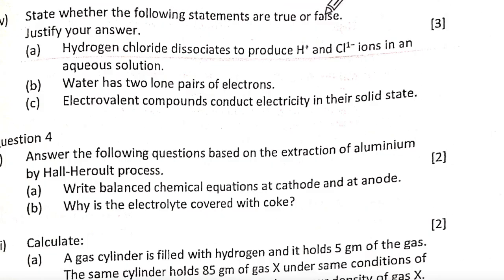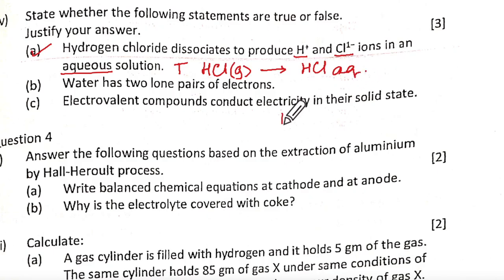State whether the following statements are true or false. Hydrogen chloride dissociates to give H1 plus and Cl1 minus ions in an aqueous solution. It is true, correct? Yes, ma'am. And justify. In aqueous solution, HCl gas will become HCl aqueous, in water.